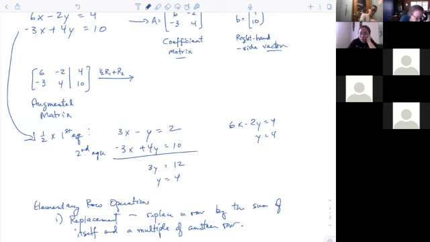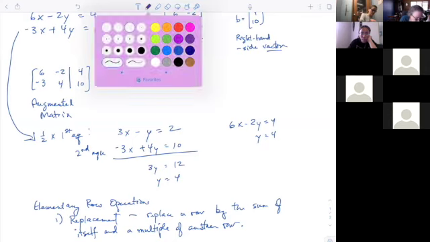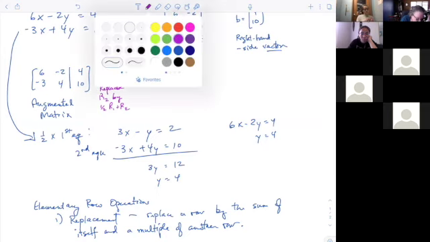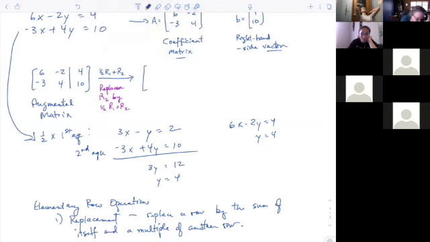This means replace row 2 by 1/2 row 1 plus row 2. And that means row 1 is not changing. So it's still 6, -2, 4. And row 2, we do this computation just on the matrix.